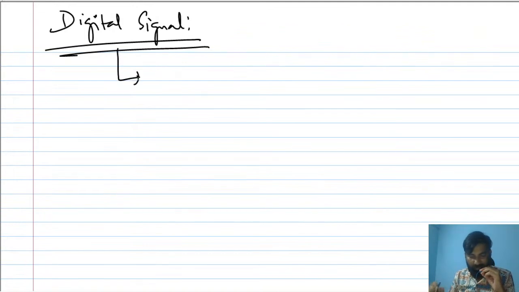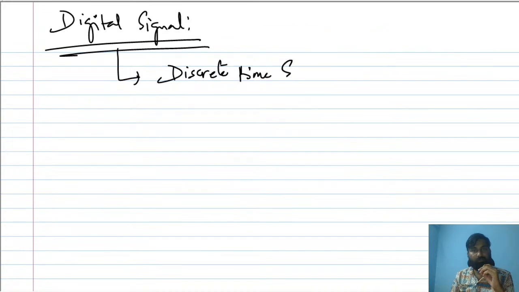A digital signal is nothing but a discrete time signal.